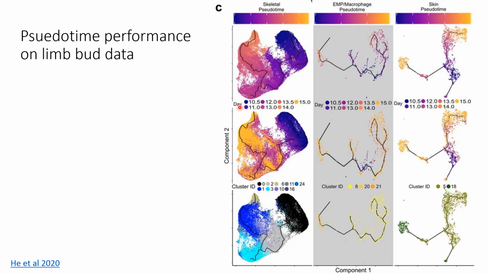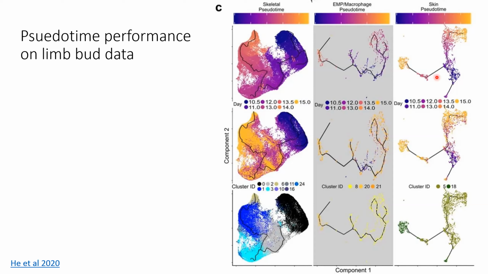And they have samples ranging from embryonic week 10.5 out to 15 as colored by this sunset theme. And the middle row represents the orthogonally annotated labels. So in this case, it's the ground truth, where 15 is the most developed cells, and this blue color is the earlier stages of development.